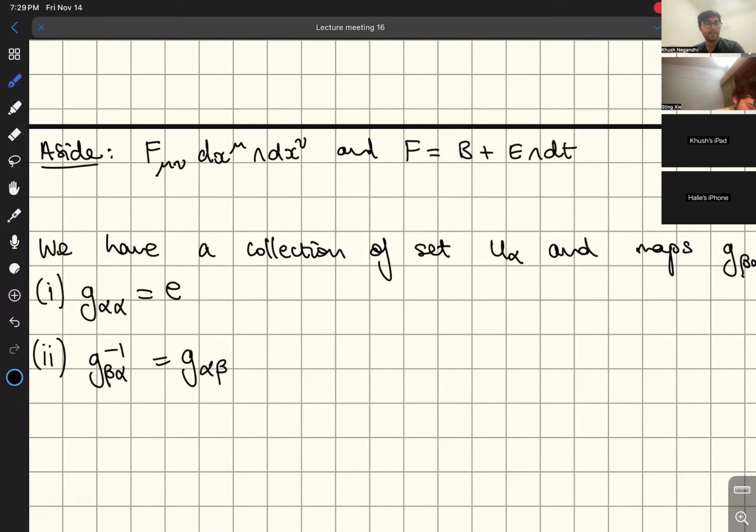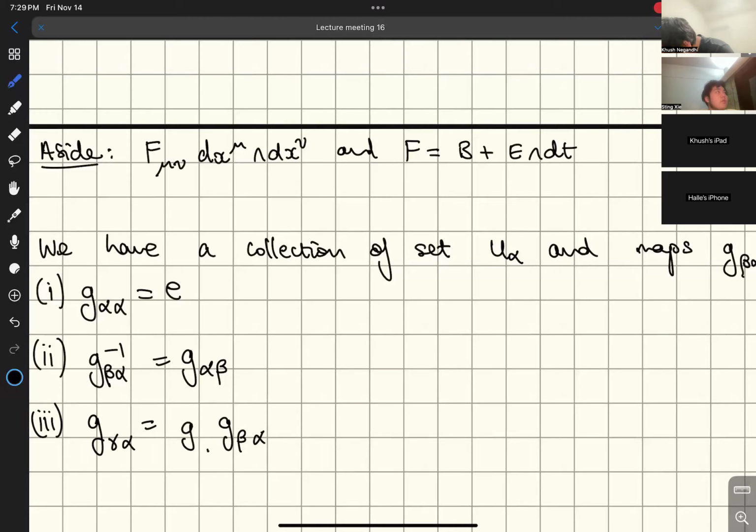And thirdly, going from alpha to gamma is the same thing as first going from alpha to beta and then going from beta to gamma. Okay, so that's one way. So this has to be on this set, and this has to be on this set.